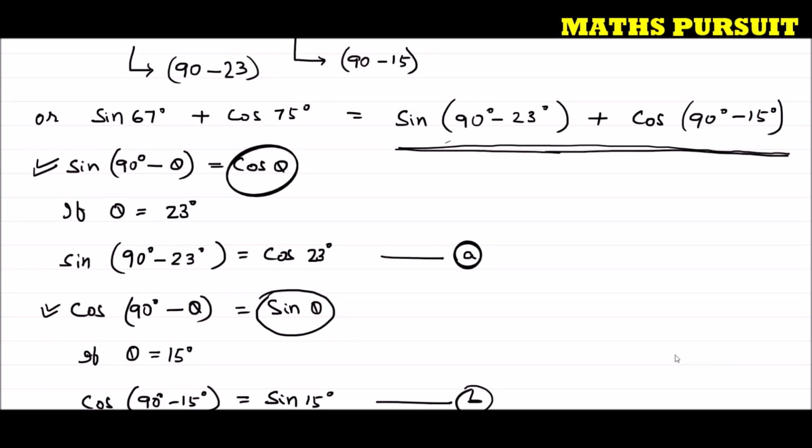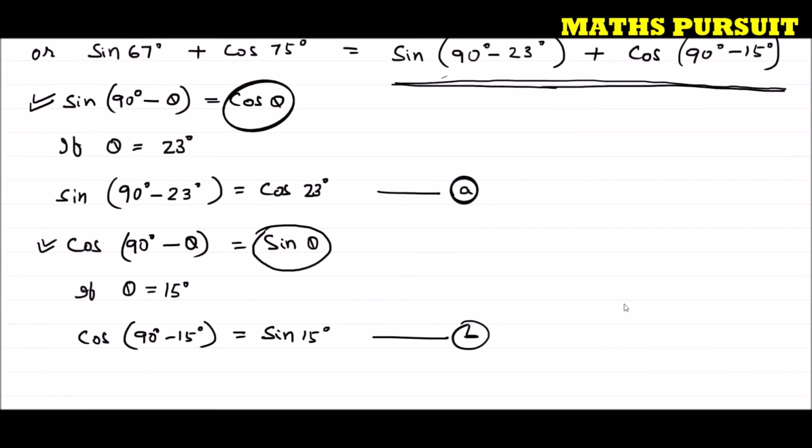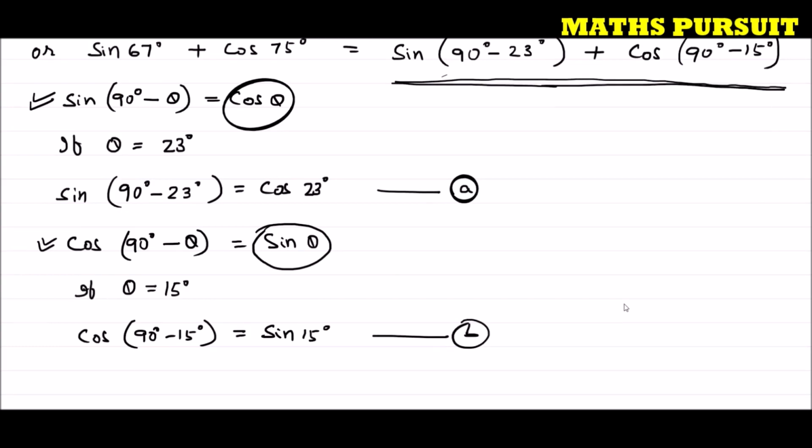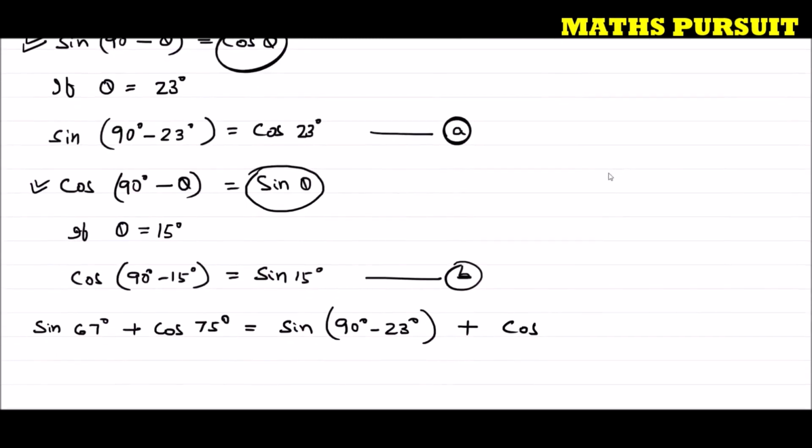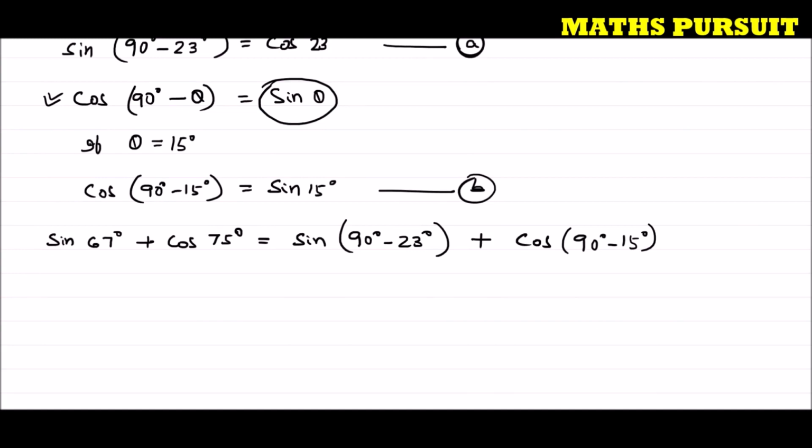So easily I can replace these values with equation A and equation B. So I can write sin 67 degree plus cos 75 degree is equal to sin of 90 degree minus 23 degree plus cos of 90 degree minus 15 degree.